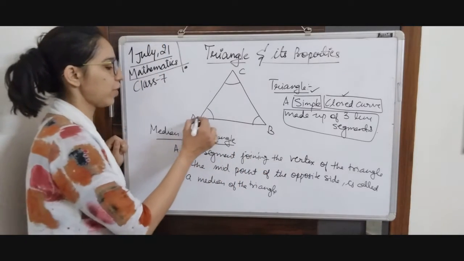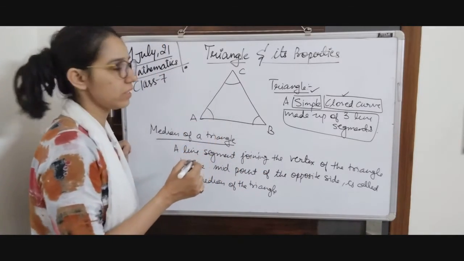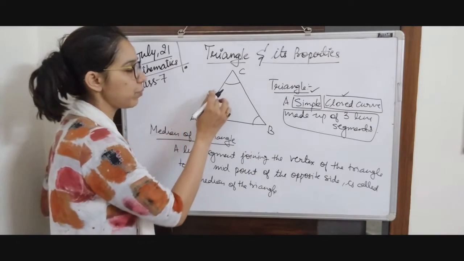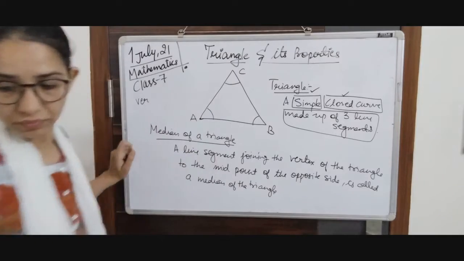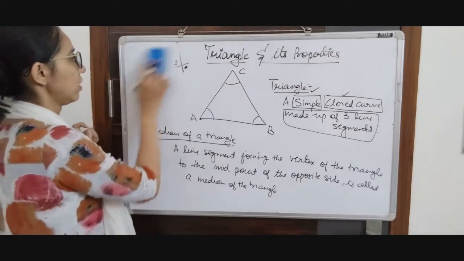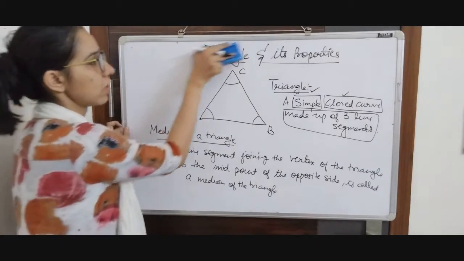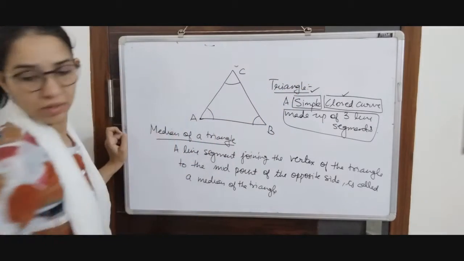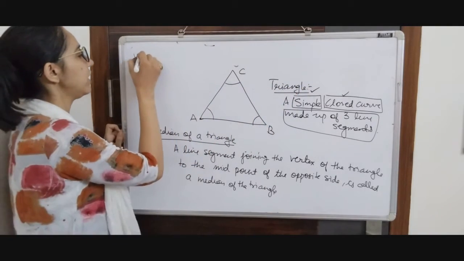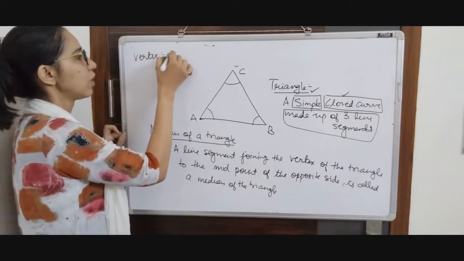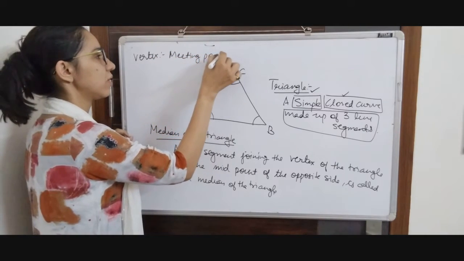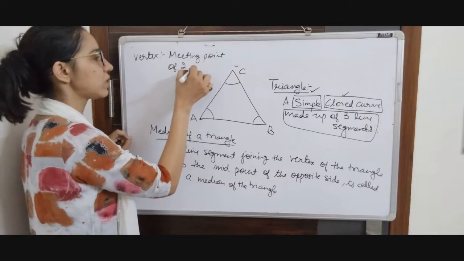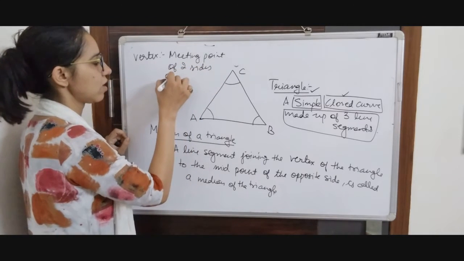Now what is a vertex in a triangle? These are the meeting points of two sides. A vertex is the meeting point of two sides of a triangle.